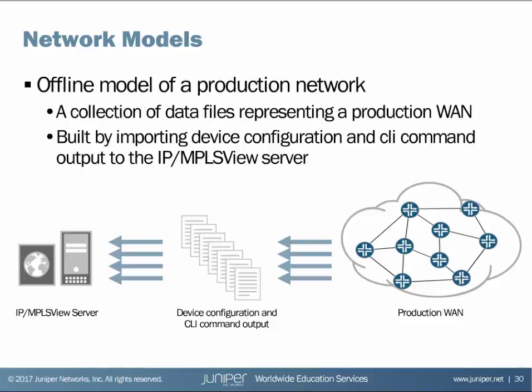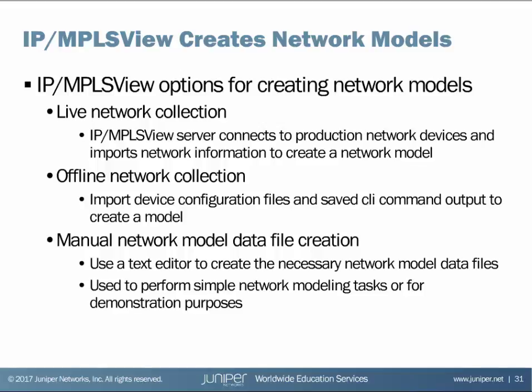I can get the output of those commands and import that into the IP/MPLS view server, and it can use that to build a model. I know all the links, all the nodes, all the tunnels, all the demands. I can import that data, and then congratulations, you have an offline model of your production WAN, right? That's what I'm trying to do, because you know what I can use that model for? A lot of optimization and planning and failure simulation, and we'll see that.